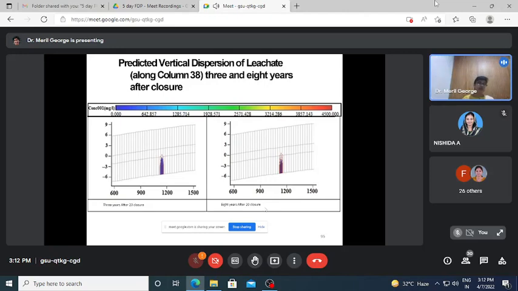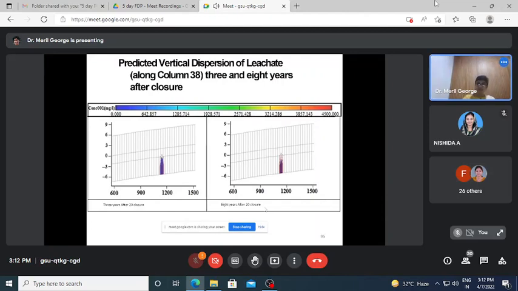This concentration is getting considerably reduced, and even after closure of landfill, even though the input of volume of pollutants from the waste gets stopped, the trace of pollutant in the soil will continue for some period, but it will get diluted as the time passes.